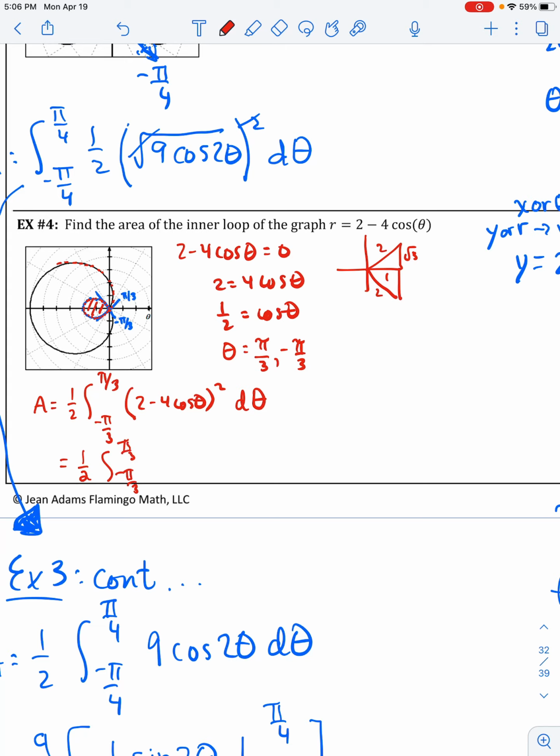And this is going to be our 1/2 integral from negative pi over 3 to positive pi over 3. This is going to be 4, negative 8 and another negative 8 is a negative 16 cosine theta, and then a positive 16 cosine squared theta, d theta.